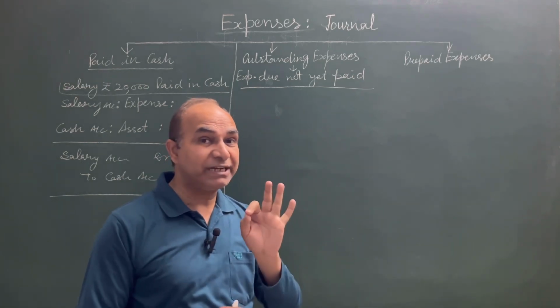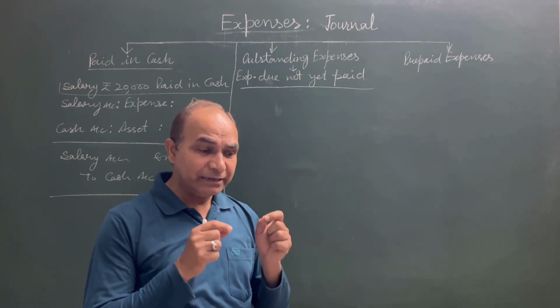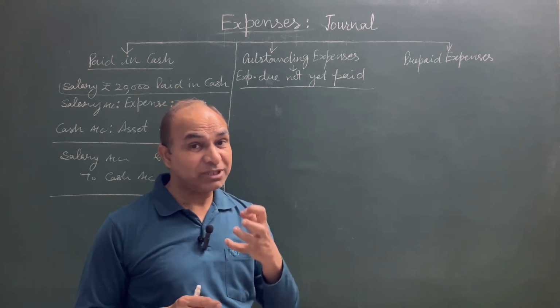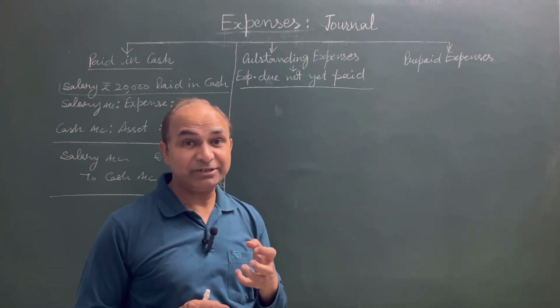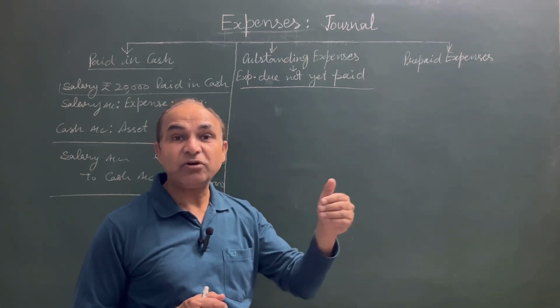These are the outstanding expenses. And outstanding expenses give rise to liabilities of the organization. Liability means which we are liable to pay in the future, that is called a liability.